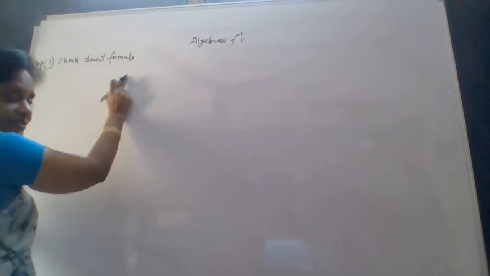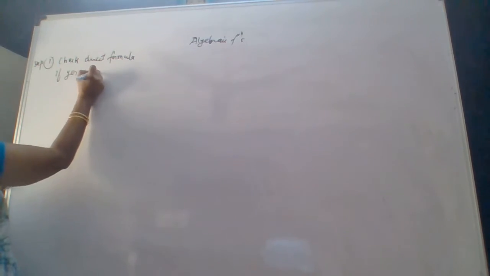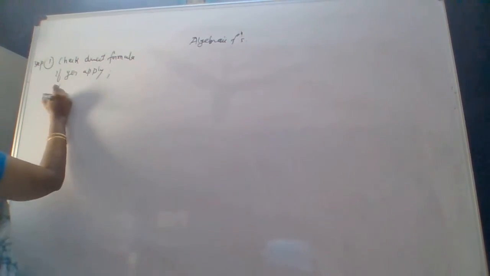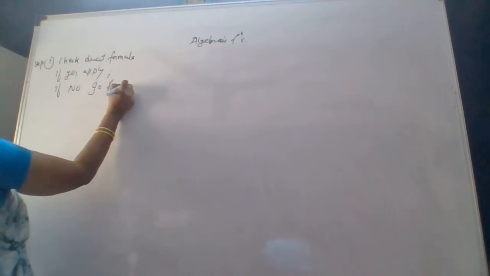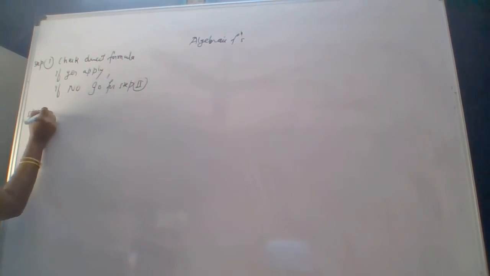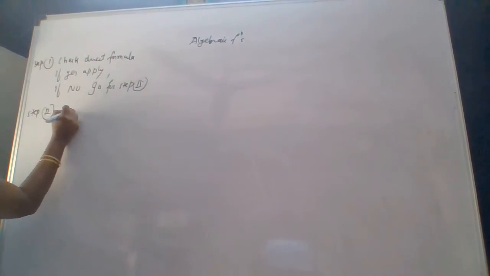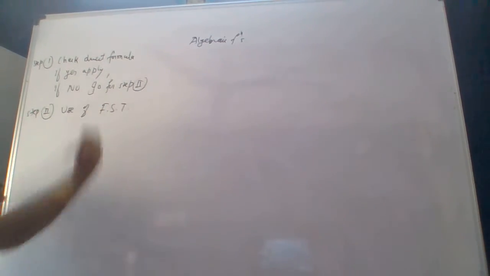So, check whether it has a direct formula. If yes, apply. If no, go for step 2. What is our step 2? Our step 2 is the use of the first shift theorem.